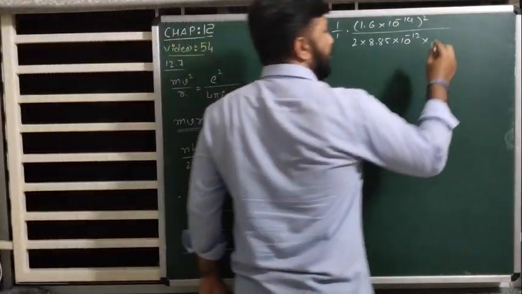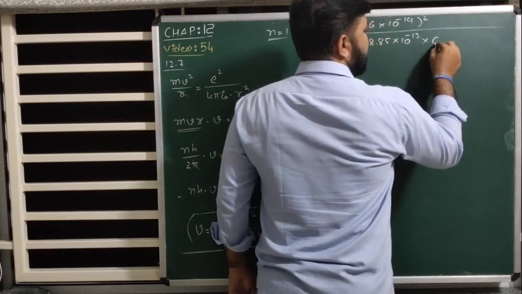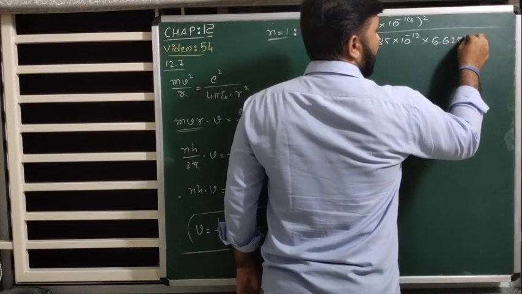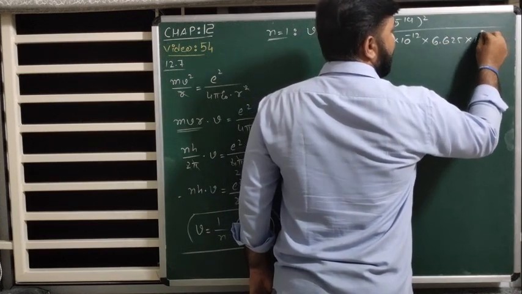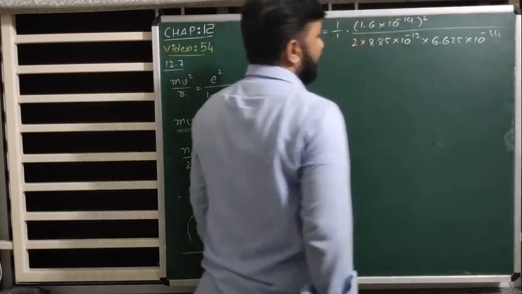What is h? Planck constant, that is 6.625 multiplied by 10 raised to minus 34.